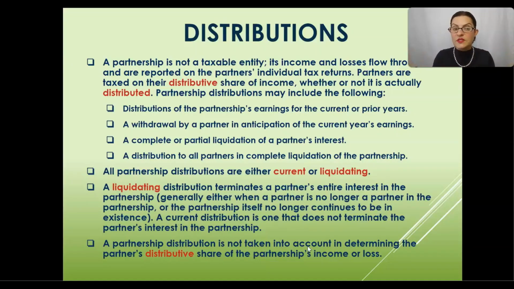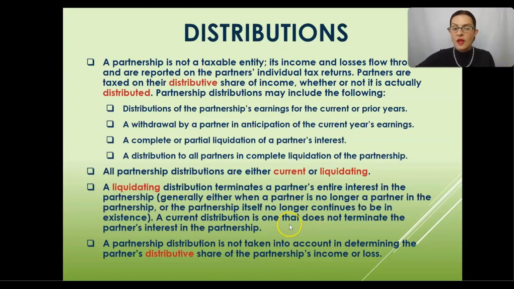You can have a type of liquidating distribution where all of the partners get liquidating distributions and the partnership actually closes down, but you can also have liquidating distributions to just one partner. One partner is going to retire, or one partner died, or one partner is leaving the business, but the partnership continues on. A current distribution, though, is when that partner continues on in the business and they're just pulling money out, or it's a current distribution to all the partners in the business and the partnership is continuing.